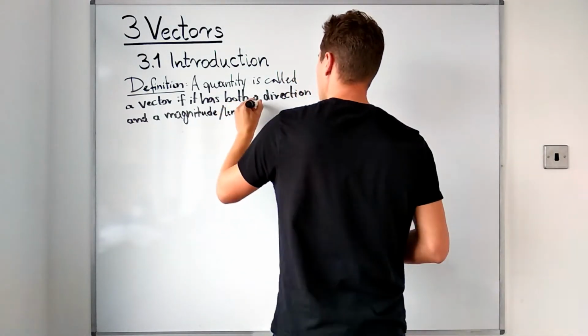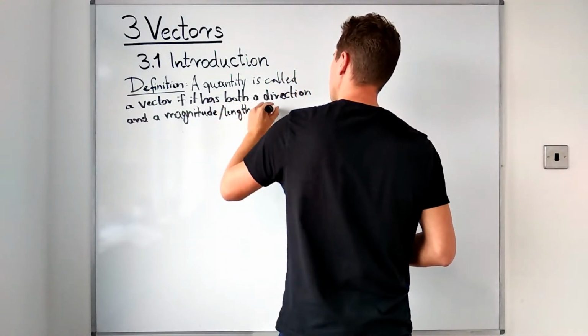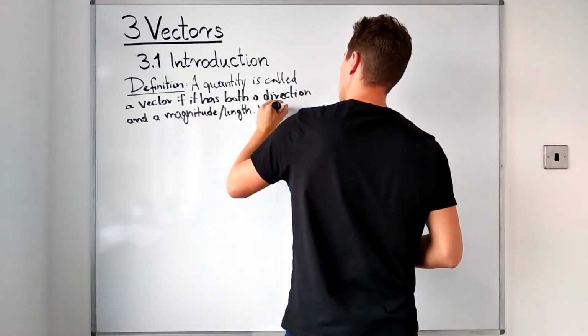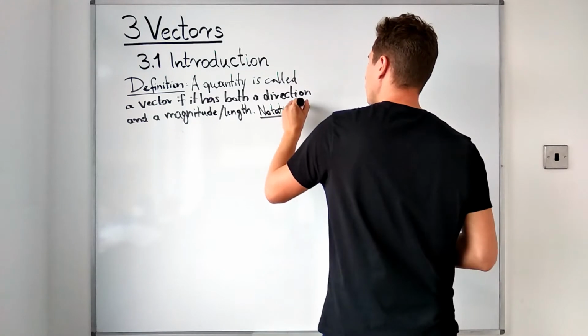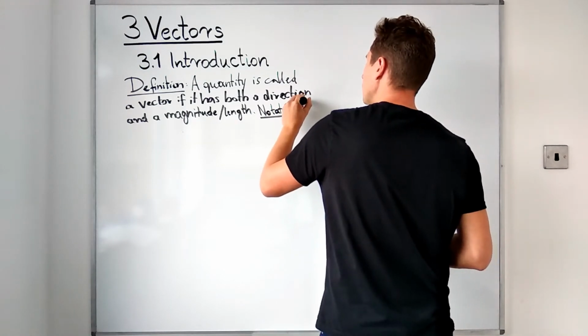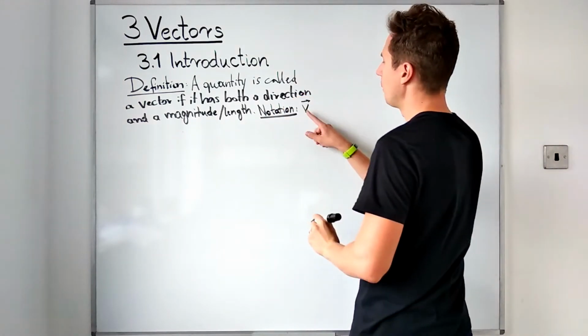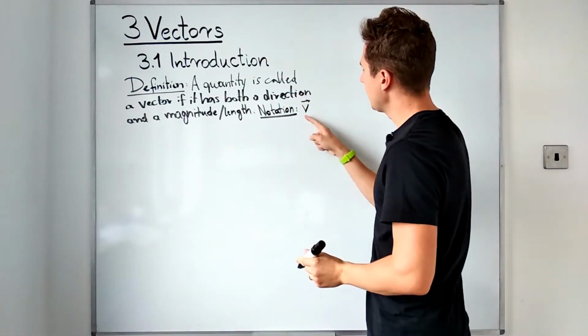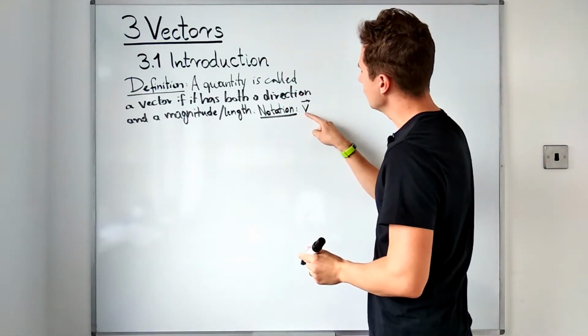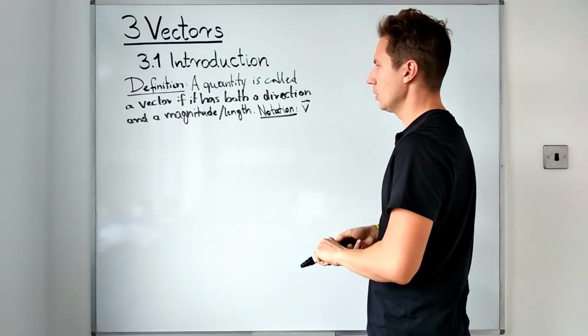Okay, we'll use the following notation for vectors. If we want to talk about the vector v, we'll put a little arrow above the letter v. And this is how we make sure that we remember that this quantity is a vector quantity.